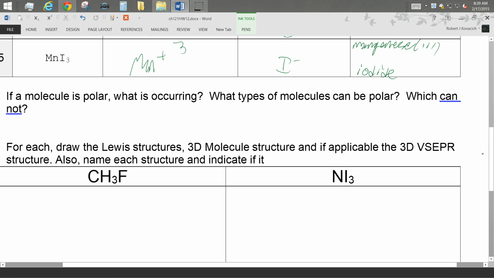Okay, if a molecule is polar, what's happening? Uh, uneven charge or uneven pull. Yes. So it's an uneven sharing of electrons.